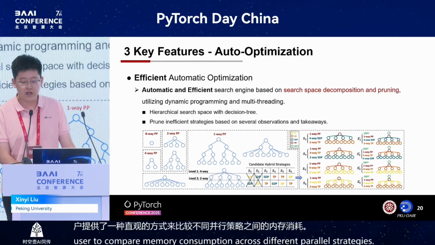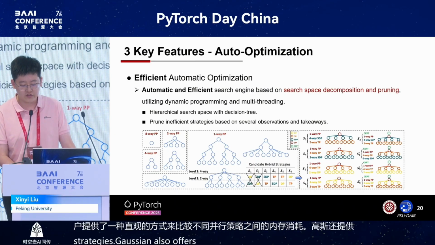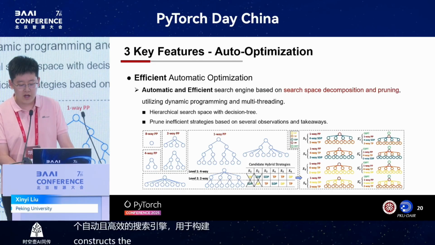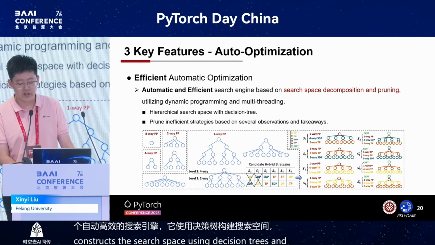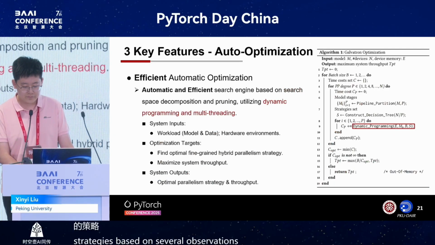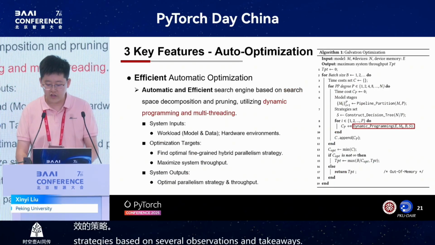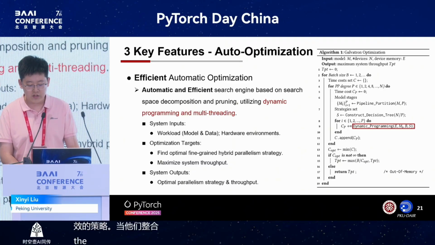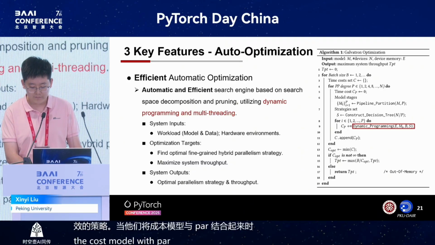Galvatron also offers an automatic and efficient search engine, which constructs the search space using decision trees and prunes ineffective strategies based on several observations and takeaways. Then we integrate the cost model with the parallel strategies and feed them into the searching algorithm.